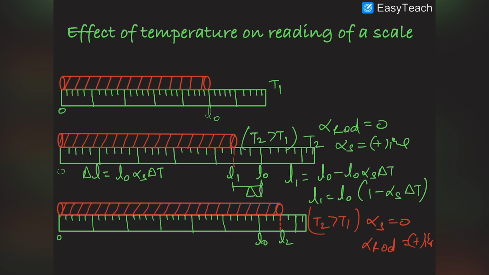So due to the only expansion of rod, this delta L will be equal to alpha of rod L0 delta T. So the new length of the rod L2 will be equal to alpha of rod L0 delta T plus L0. Okay, so this is the new reading in this case.